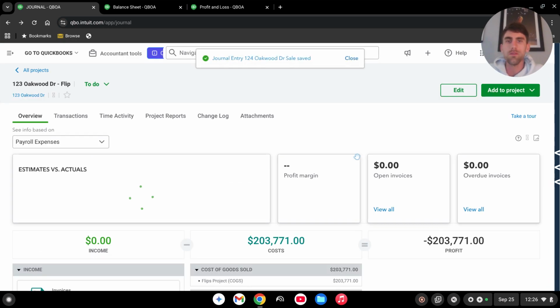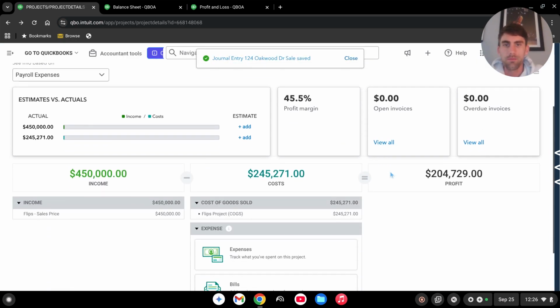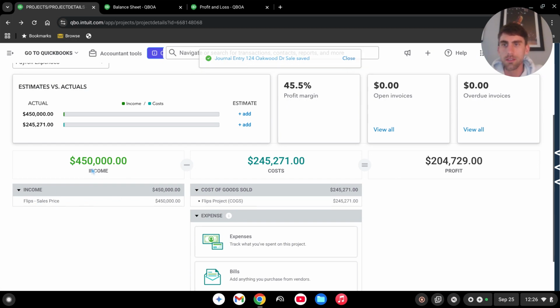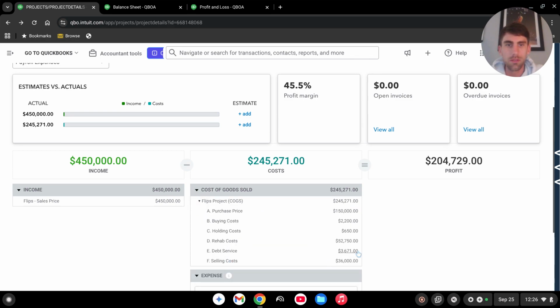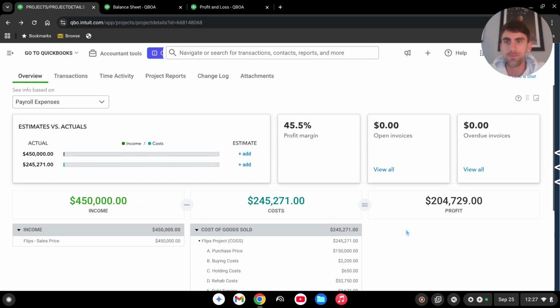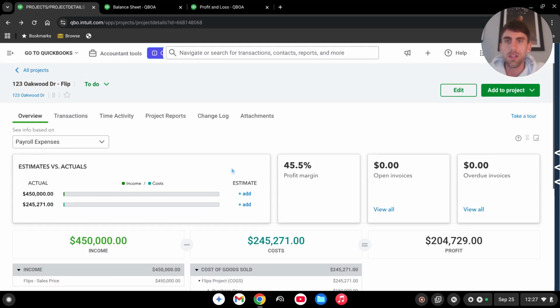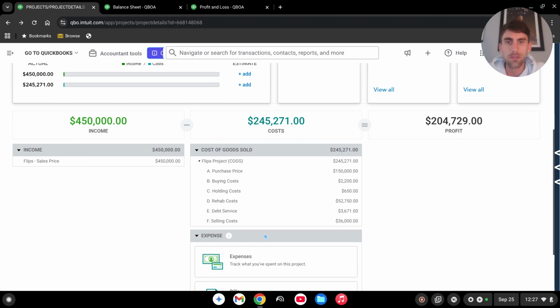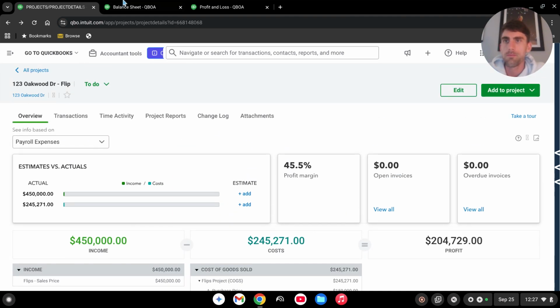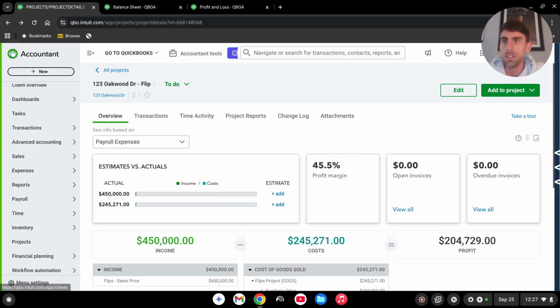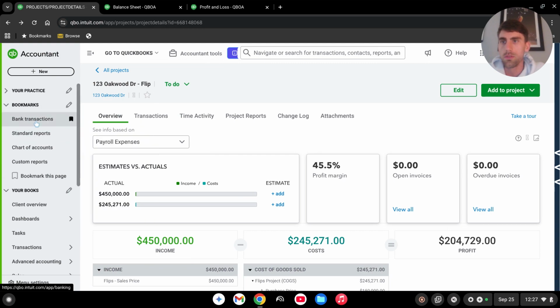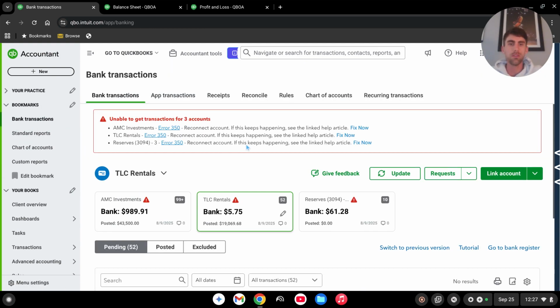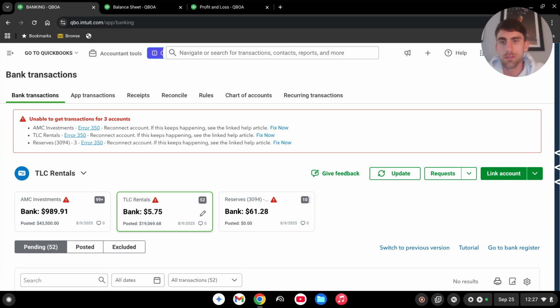So let's save this, and now you see the income that is coming in on the project portal. We have our cost of goods sold. Okay, this would be our profit. And now we need to pay back our lenders.